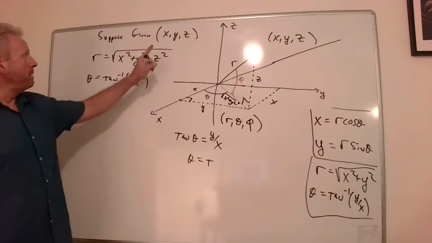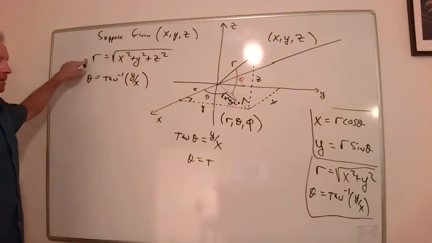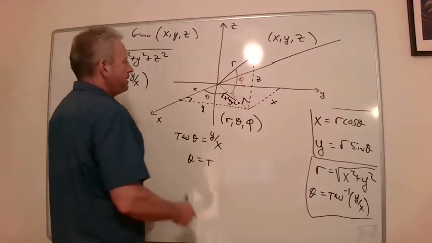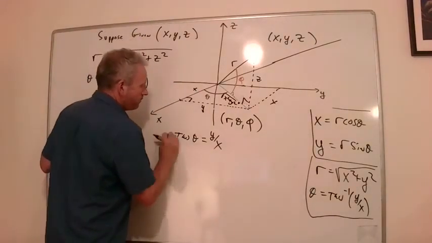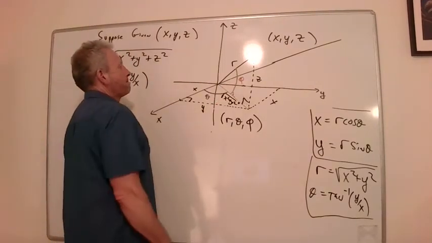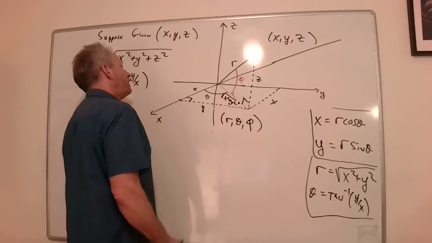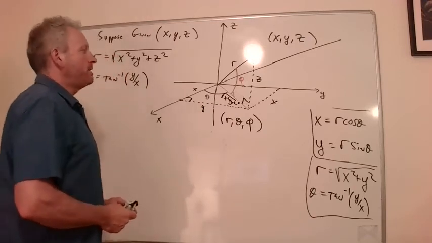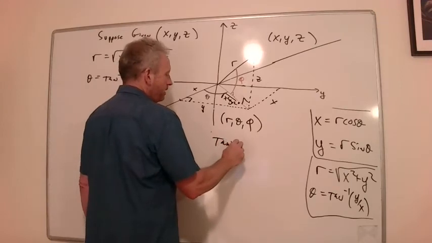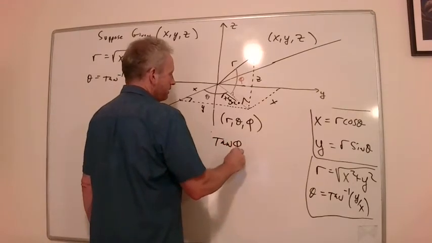So again, if I'm given x, y, z, here's how we calculate r. Here's how we calculate theta. And then what about phi? Let's see. Where's phi in the picture? Phi is right here. Do we want to use sine, cosine, or tangent? Well, I used tangent a minute ago, so let's continue on in that vein. Tangent phi.